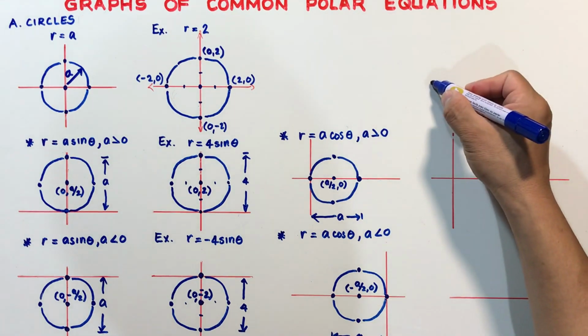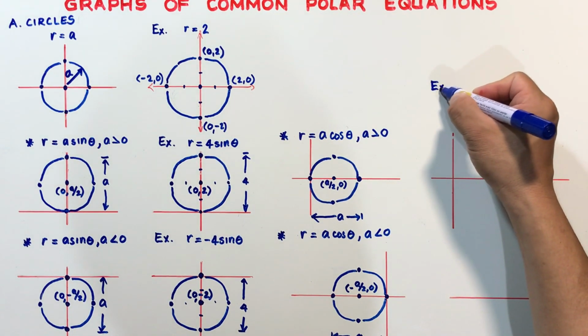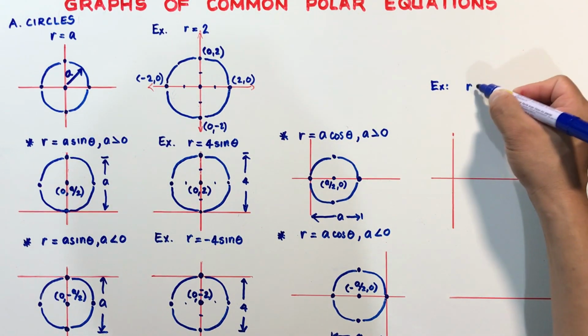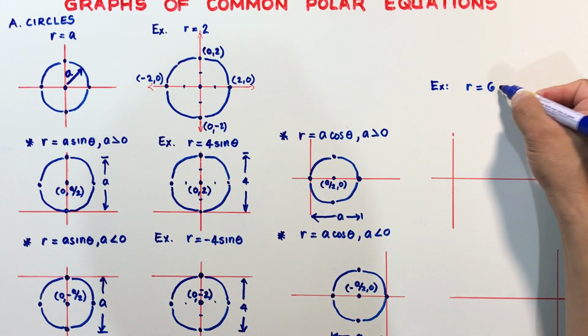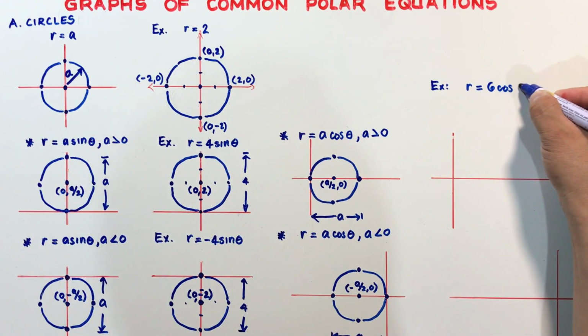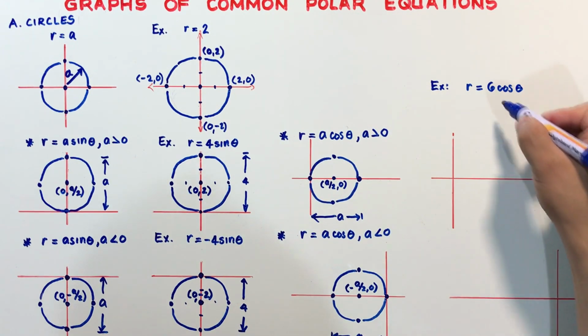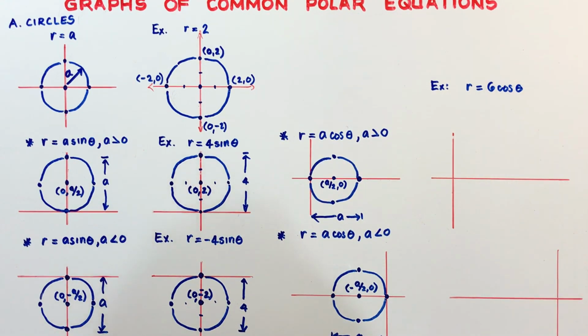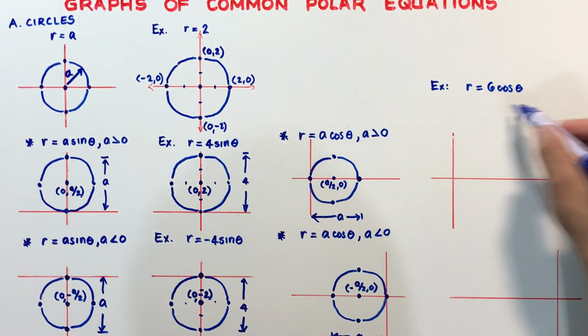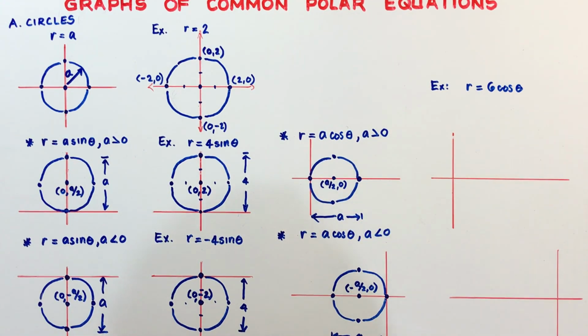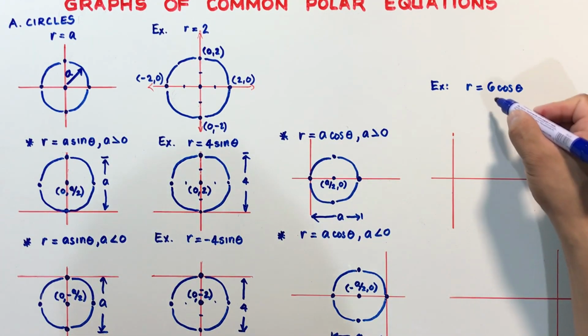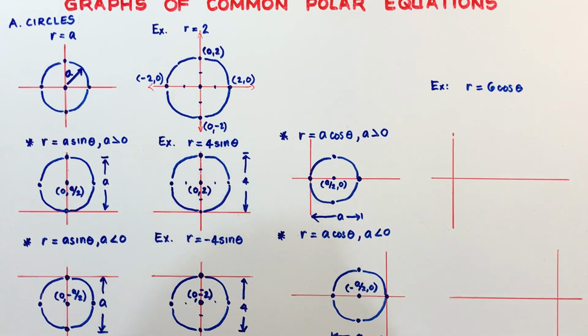So to give an example for this, we have, say, r is equal to 6 cosine theta, and since the function is cosine, the center of the circle is along the x-axis, but because this is positive, this is to the right of the point of origin.